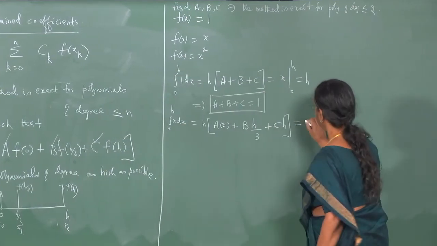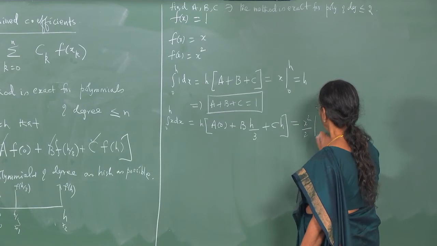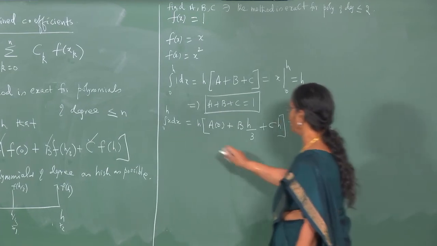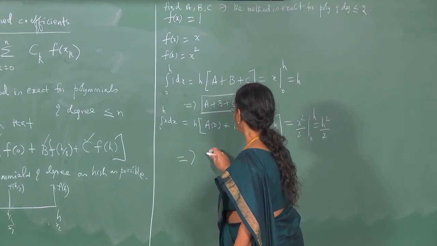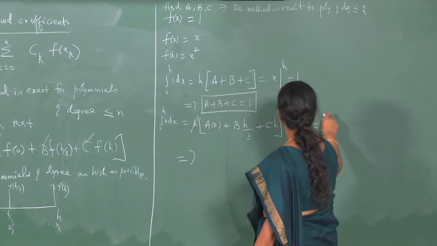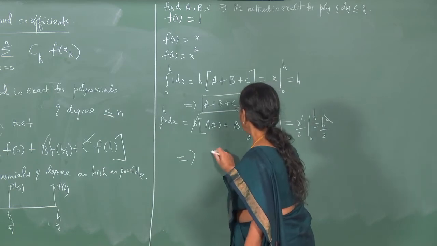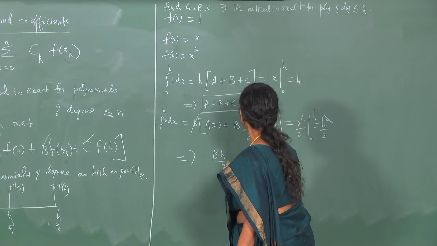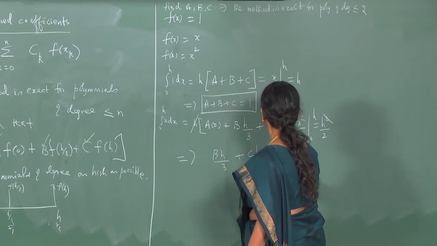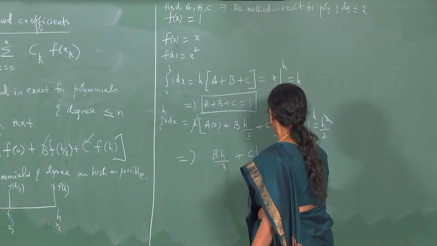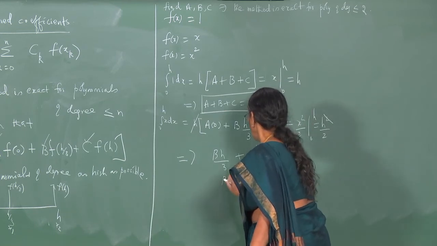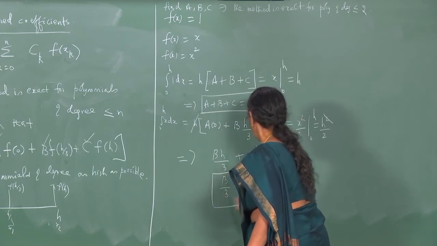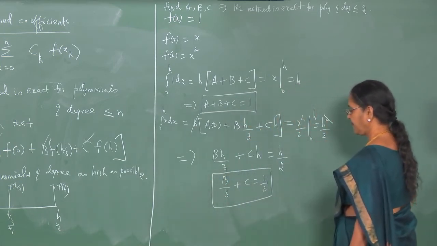It is integral x dx. So, x square by 2 between 0 and h. So, it is h square by 2. So, which gives you the condition, I can cancel a factor h. So, this gives you b into h by 3 plus c into h is equal to h by 2. So, b by 3 plus c must be equal to half, that is the second condition.